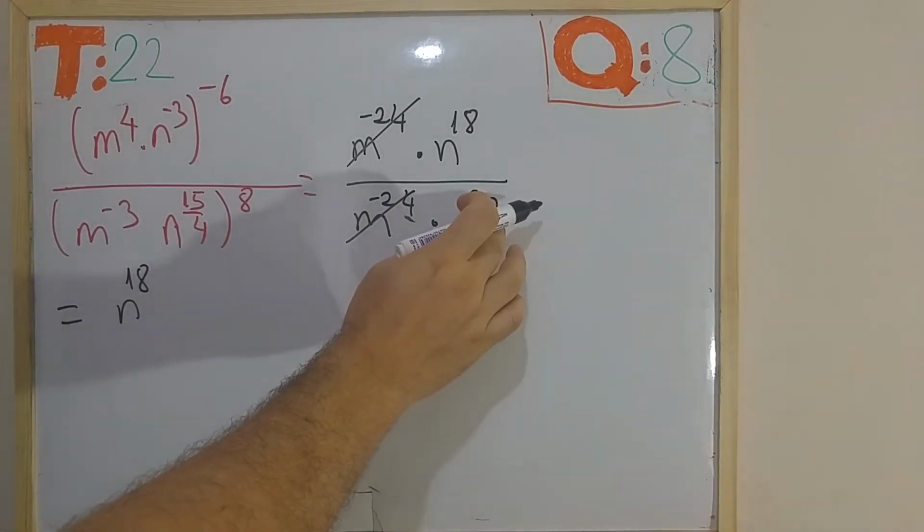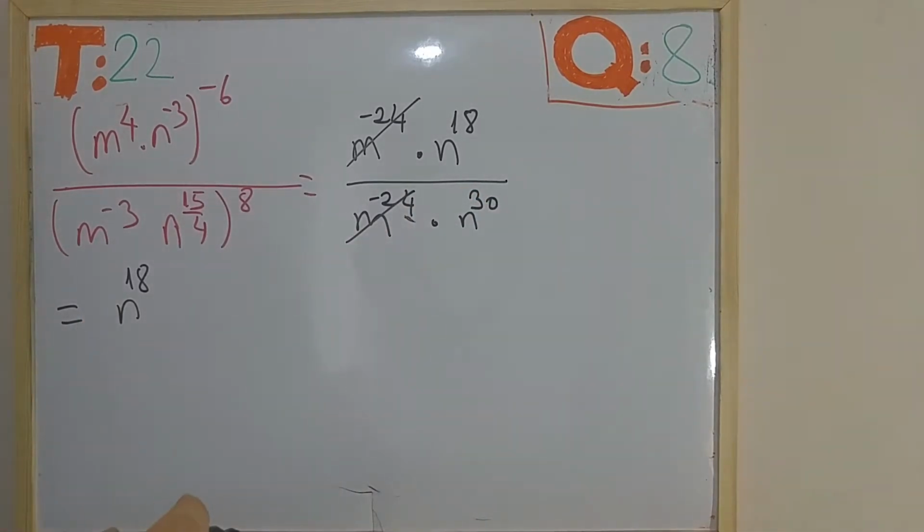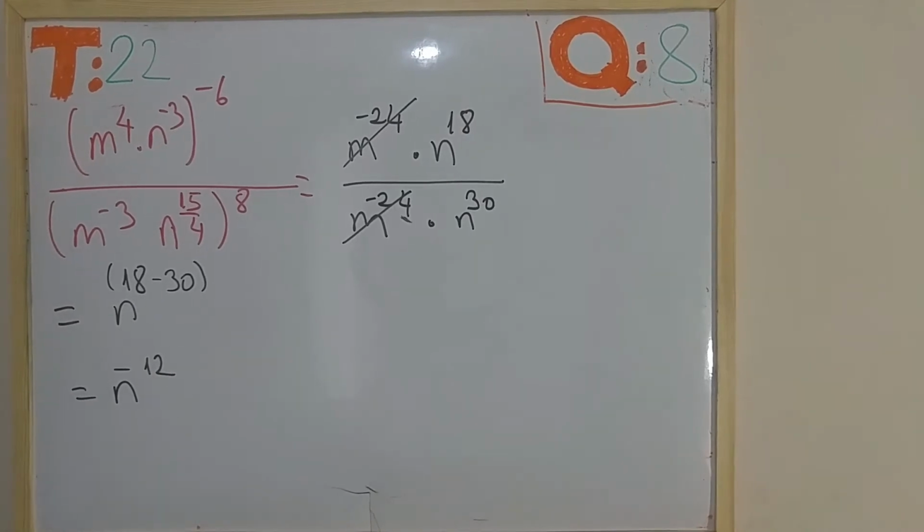Since 1 over n to the power 30 will be equal to n to the minus 30, I have to write this way, which is equal to n to the minus 12.